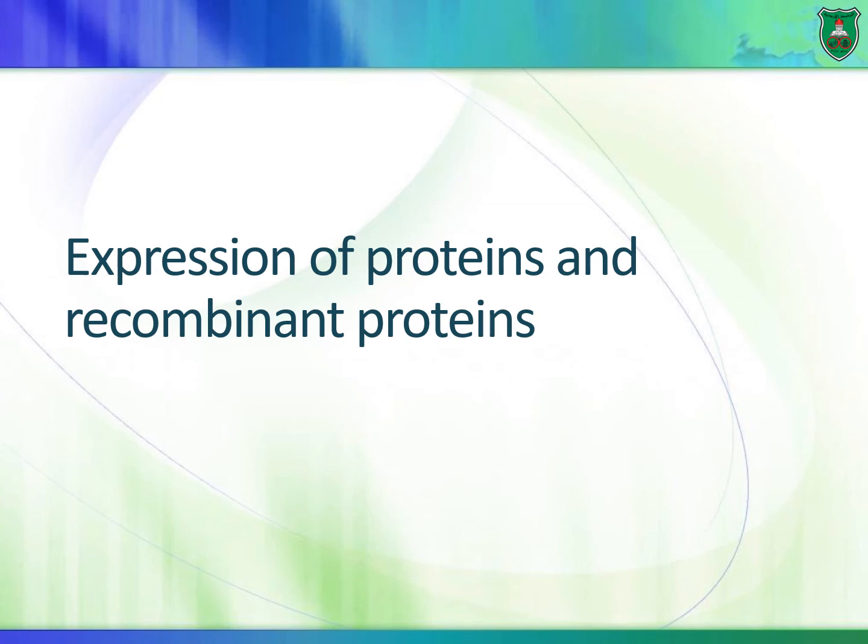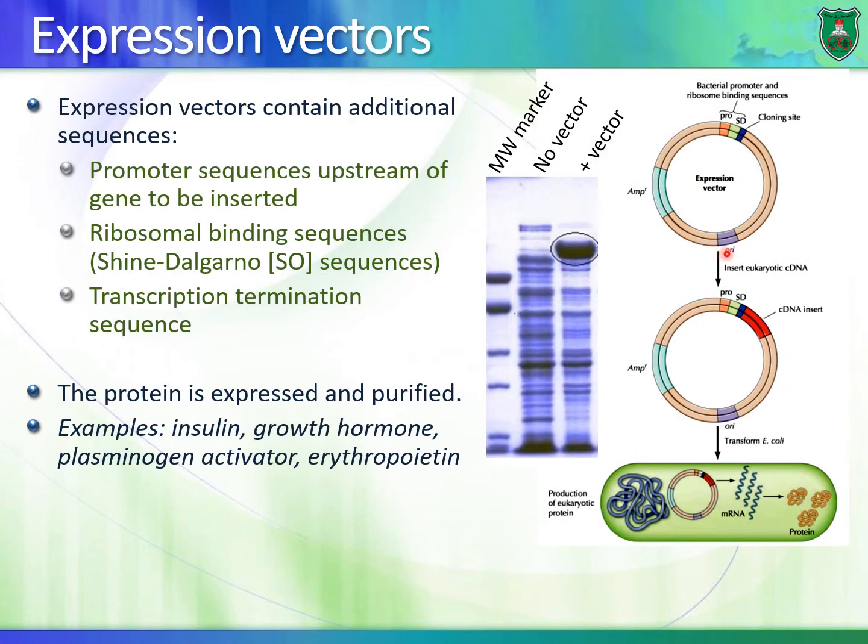Now we can take advantage of recombinant DNA technology by inserting a gene in plasmids, for example, and this plasmid contains a promoter, so you can have transcription of this gene in bacteria. And then you can have translation in bacteria as well. So we can express proteins in cells. And that requires a special plasmid right here known as an expression vector.